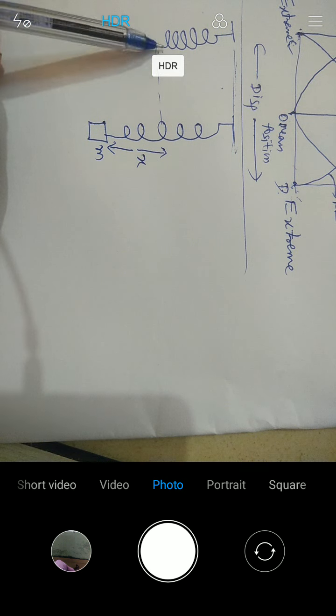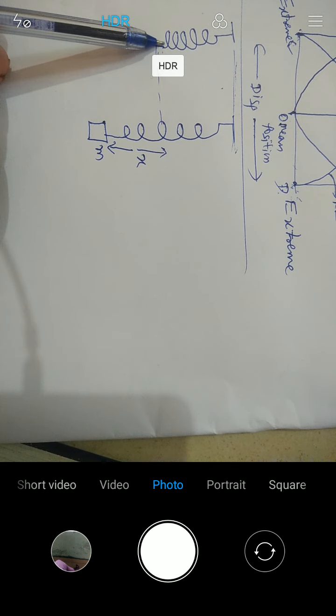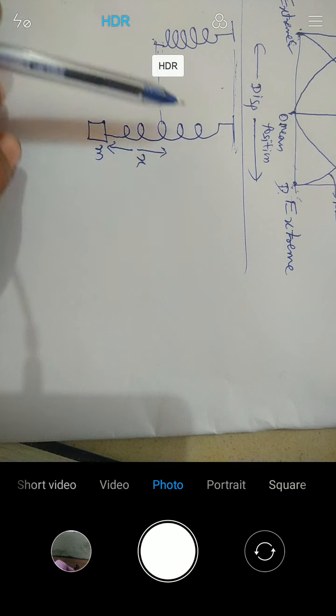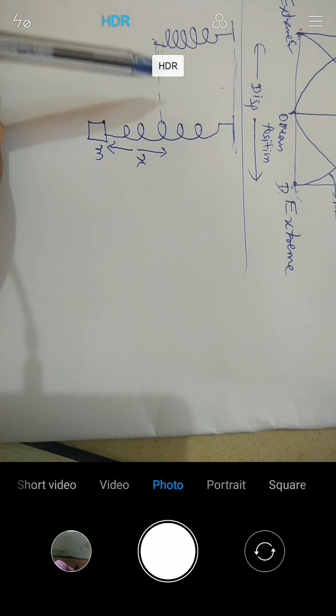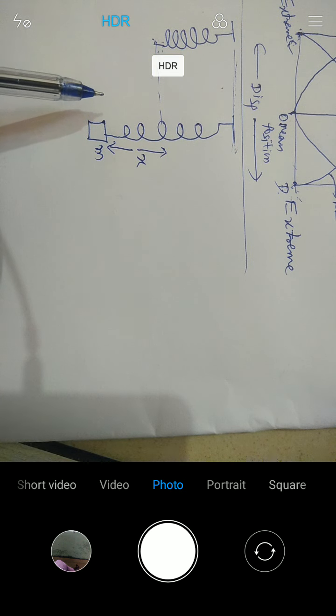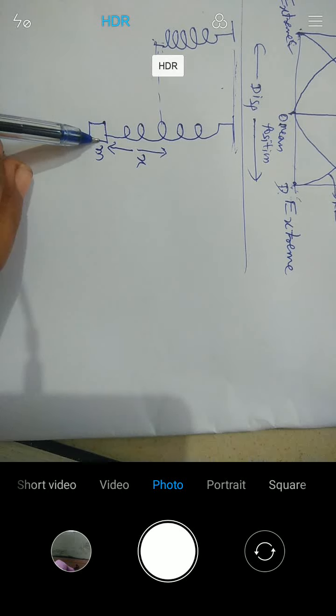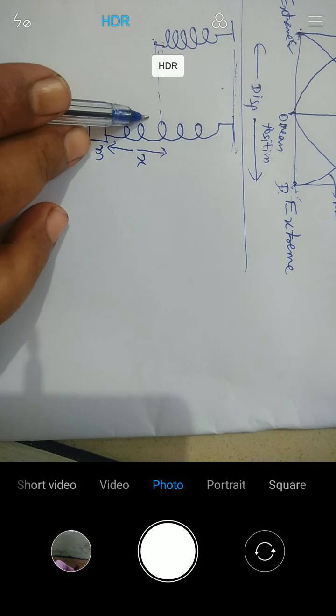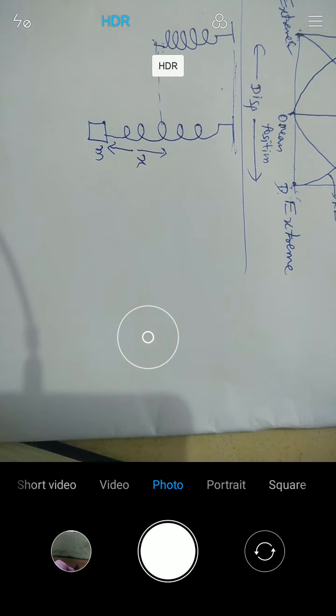An object having some mass m is attached to the free end of the spring, initially at rest at the mean position. Then the object is pulled down by the force of this mass, the spring is stretched and a restoring force is developed in it.